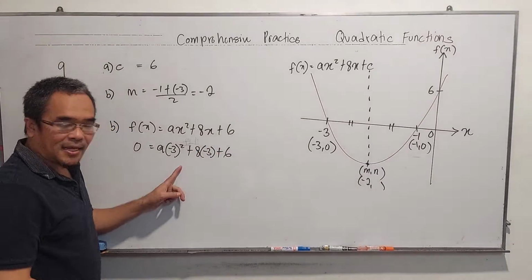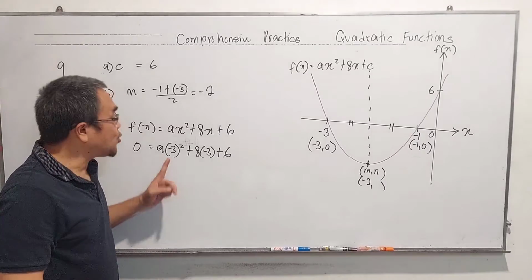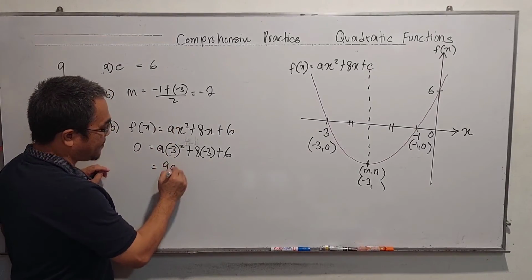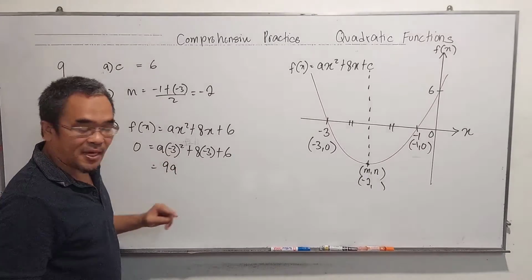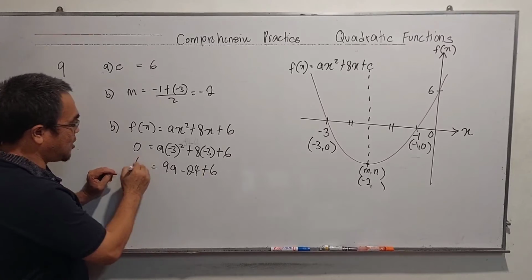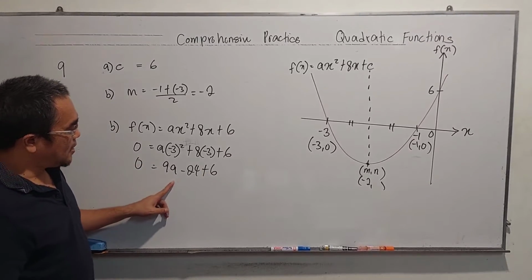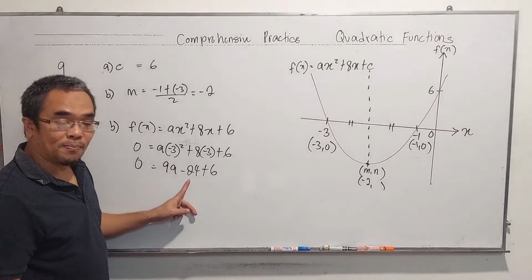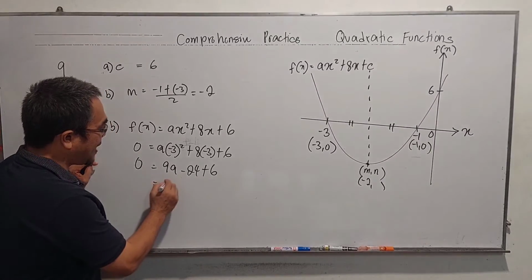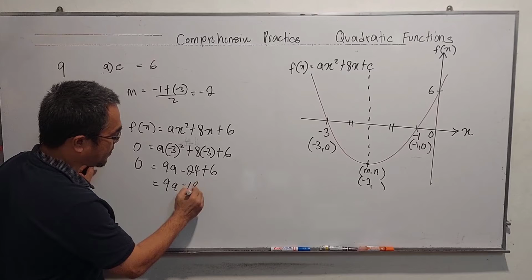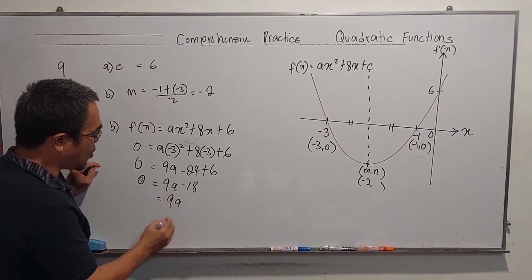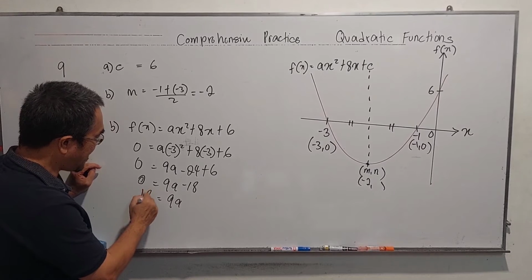You have to square first. -3 squared will be 9, so 9a. 8 times -3 will be -24, plus 6, which is -18. So 0 equals 9a minus 18, so 9a equals 18.